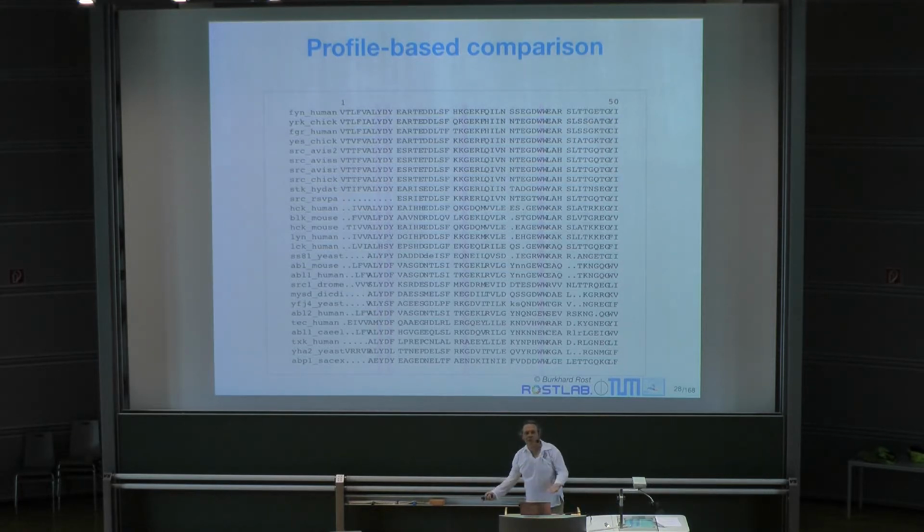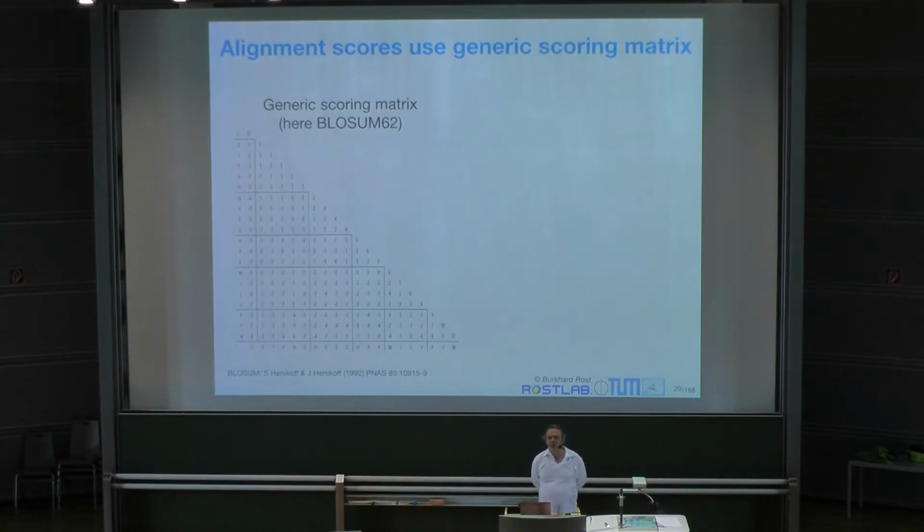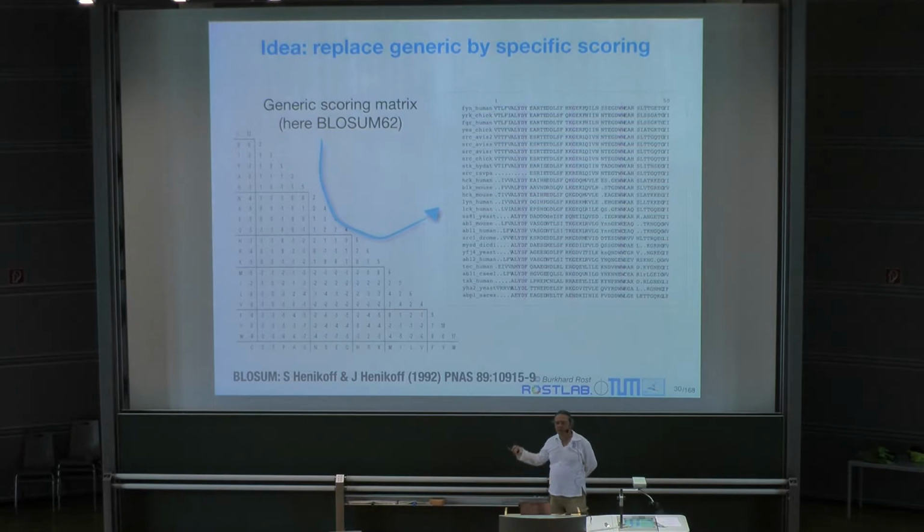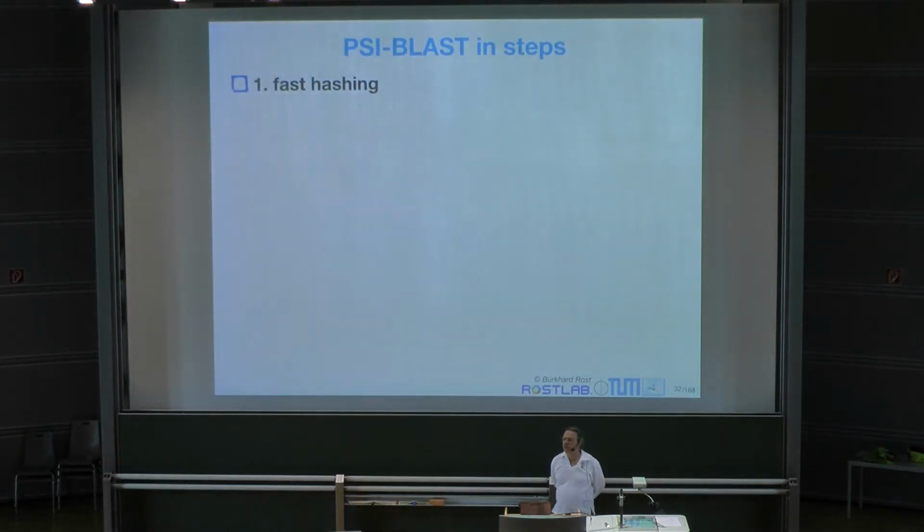When you come up with a new sequence, you will try to have it match such that these things will maintain their conservation. That's the most important thing in the alignment. So you will go from the generic scoring matrix, the BLOSUM, to the specific matrix that you look up from that alignment. The concept of PSI-BLAST is the same as before.